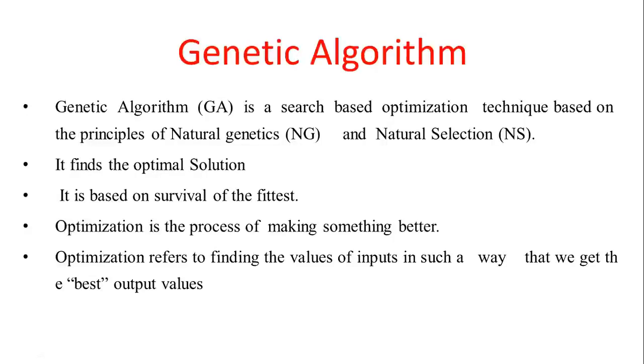For example, we want to improve something, like maximizing the profit or minimizing the error. So basically it finds an optimal solution. This algorithm is based on Darwin's theory, that is, survival of the fittest.